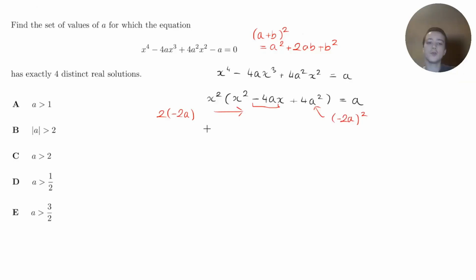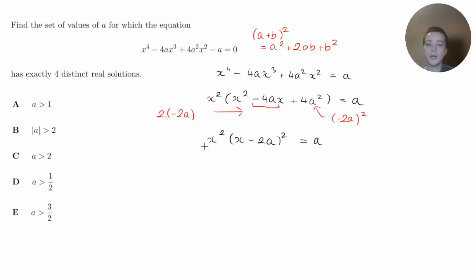So if we use the form above, we can realize that the factorization of this quadratic is nothing but x minus 2a squared. If you're unsure about this, you can expand this out, and there are other ways that we could factorize. You could, for example, try to find a root and divide by that. So if you subbed in x equals 2a, you would see that this quadratic comes out to 0. Okay, so we have the factorization now.